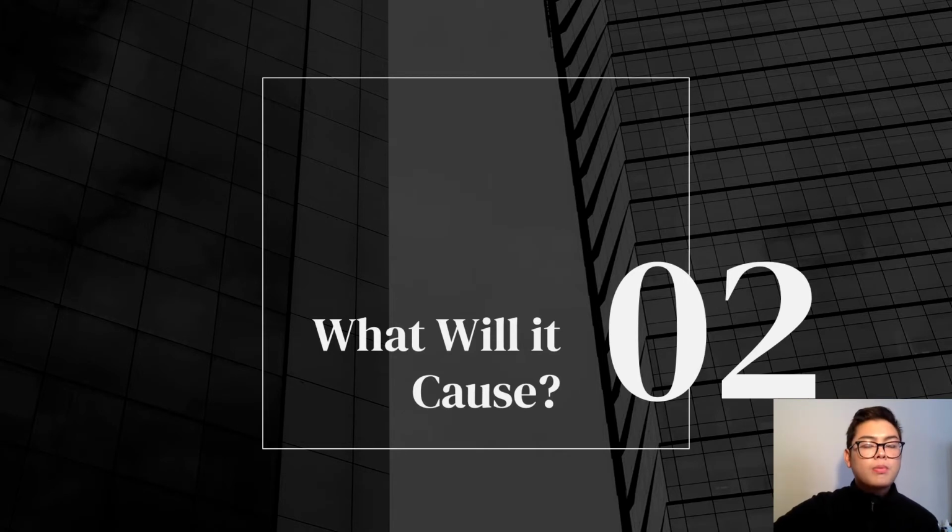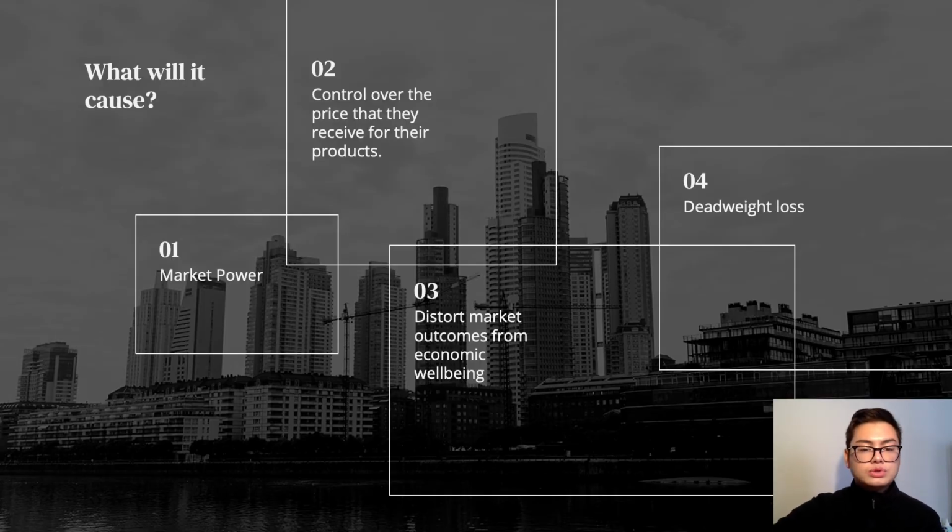And what will the oligopoly market cost? What will it affect in our economy? First, the firms will gain huge market power that will give them control over the price of the products they sell to customers, and this will affect economic well-being and distort market outcomes. Also, it will cause a deadweight loss.